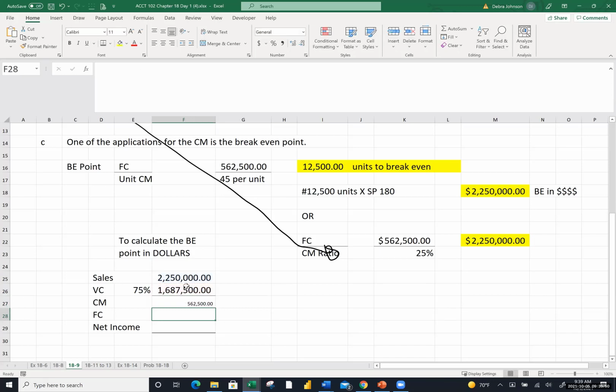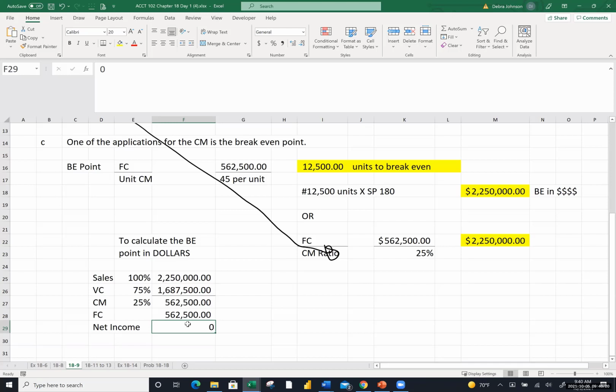And I know what my fixed costs are because they told me. I just proved that my break-even calculation is right. At that level of sales, we did wind up making zero net income.